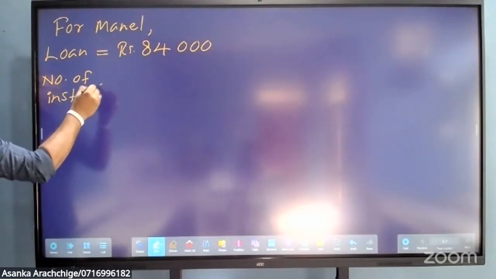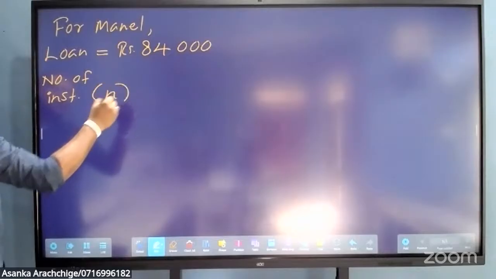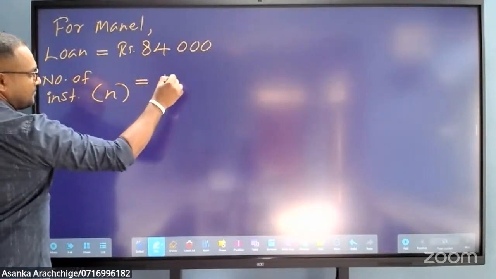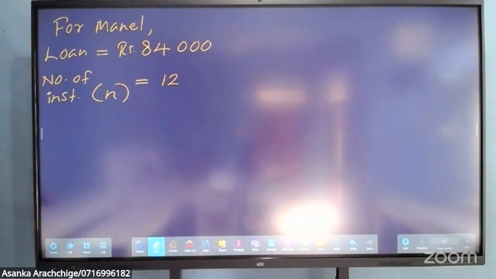The number of installments, the symbol for the number of installments is n. N is 12, because 1 year means 12 months. Number of installments is 12.